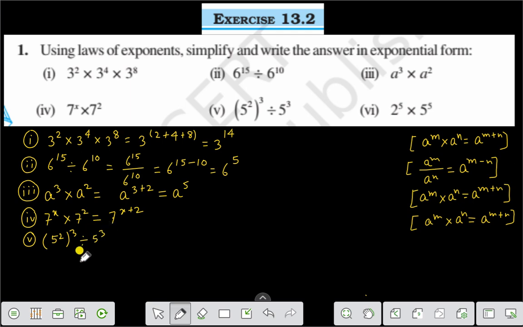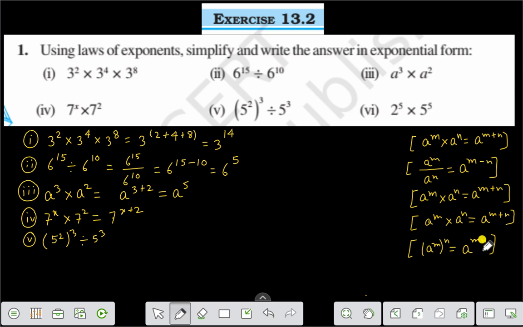We'll apply the formula a to the power m, whole to the power n, is equal to a to the power mn, that is m into n. And also the formula for division.